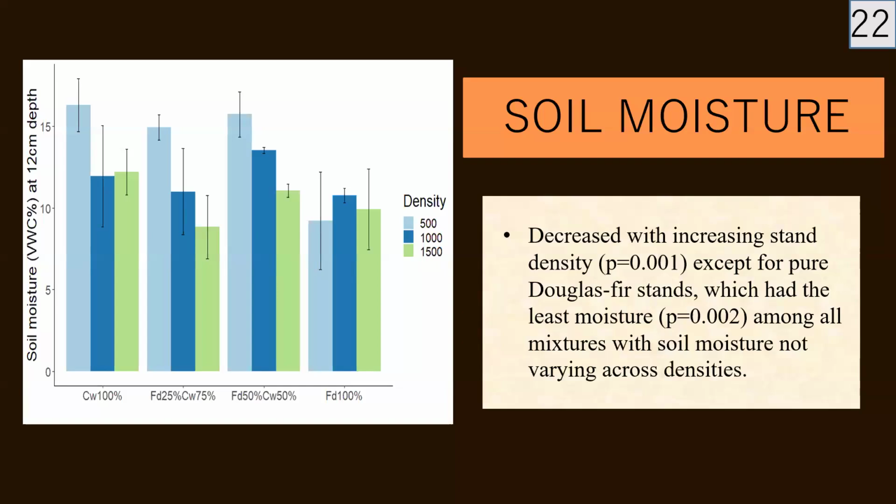We assume the reason for the low soil moisture in the pure Douglas fir stands is that Douglas fir has a higher leaf area, so it takes up more water for transpiration as well as for the life processes of the tree. So it could be that Douglas fir uses up more water, which reduces soil moisture in the pure stands.